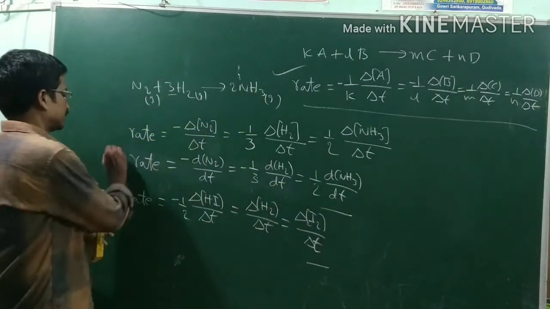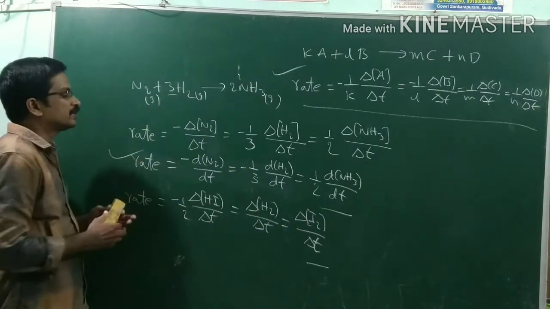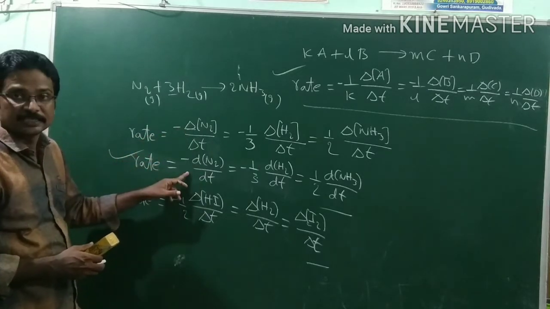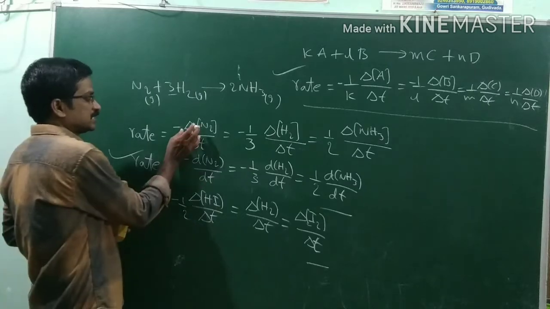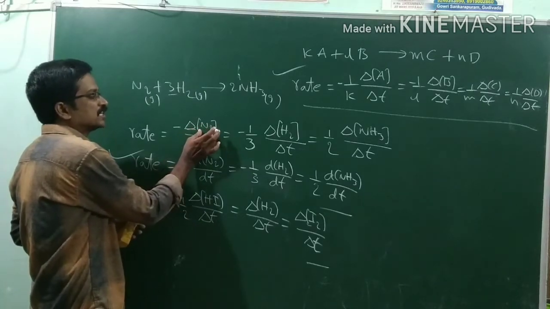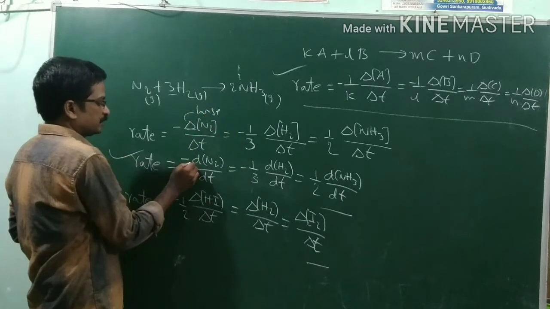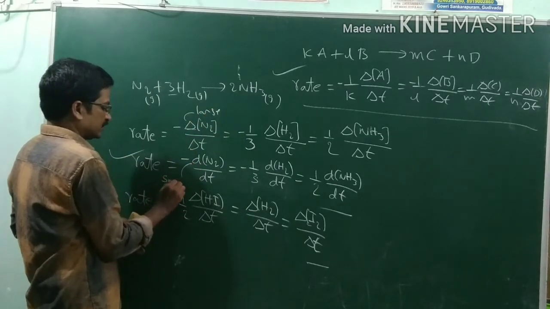This is also correct. There is no difference. The difference between this one and that one is that this representation means a large concentration difference, and this represents a small difference.